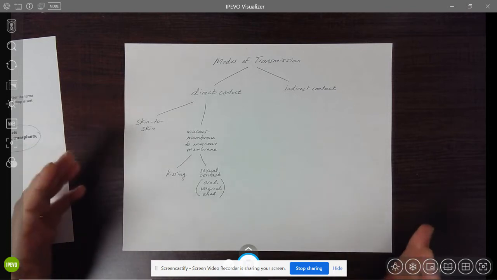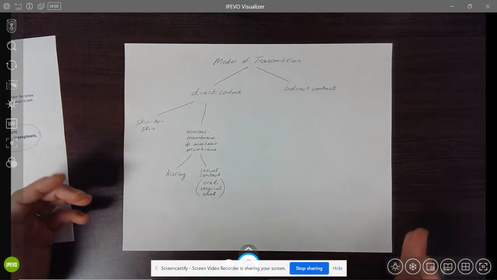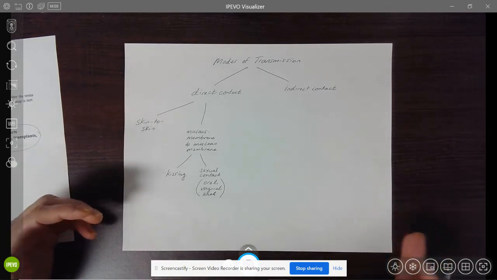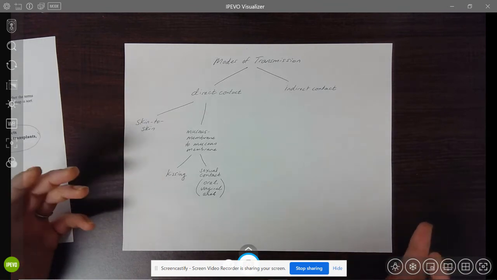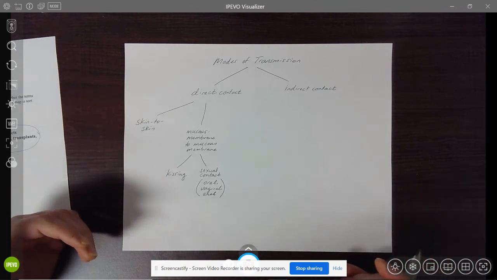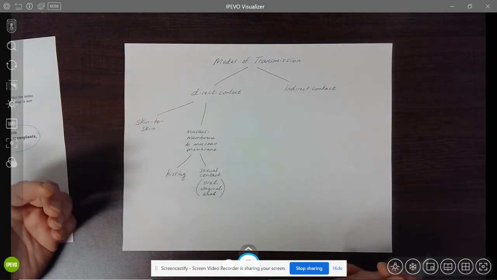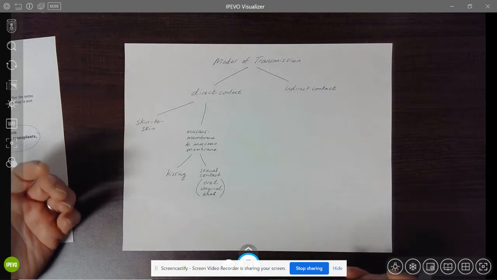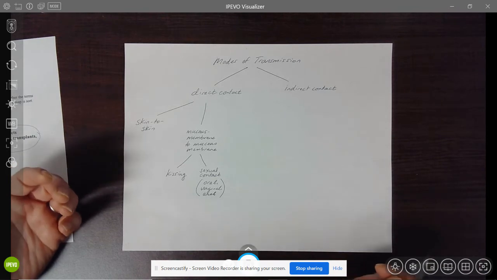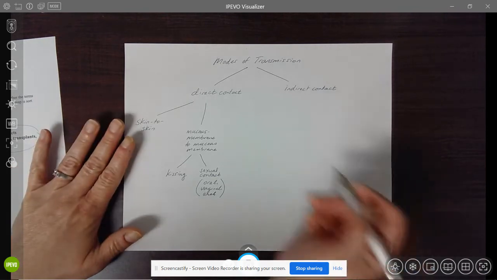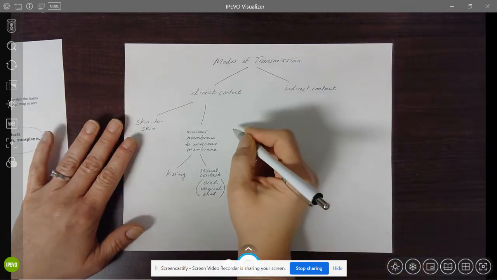You have to be open to the possibility of what human beings do. And human beings, regardless of their sexual orientations, are going to engage in a variety of different sexual contacts. So you have to just be comfortable with that and not make it into a big deal. You have to remain neutral, okay? All right, so that's the direct contact.